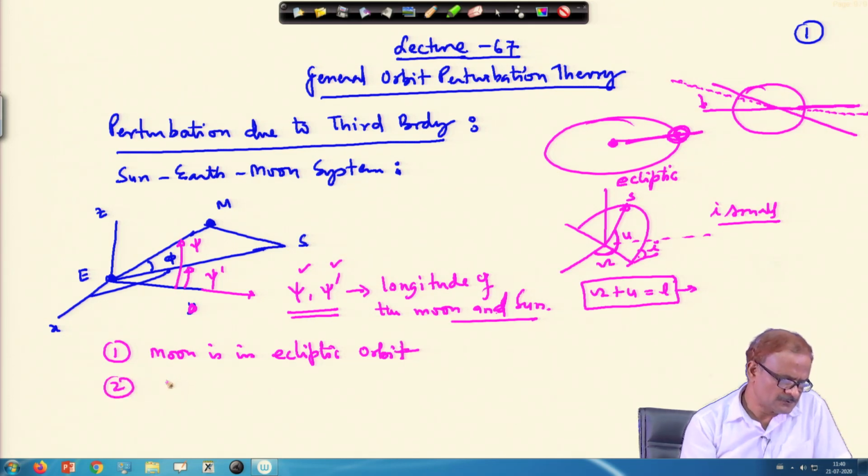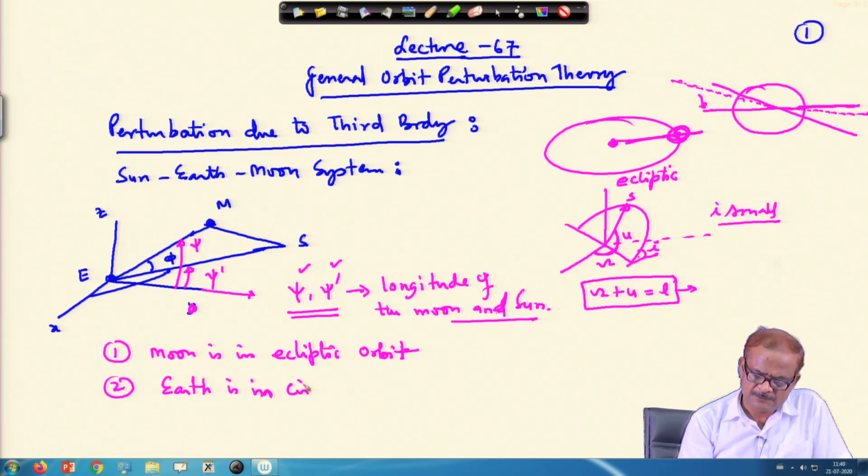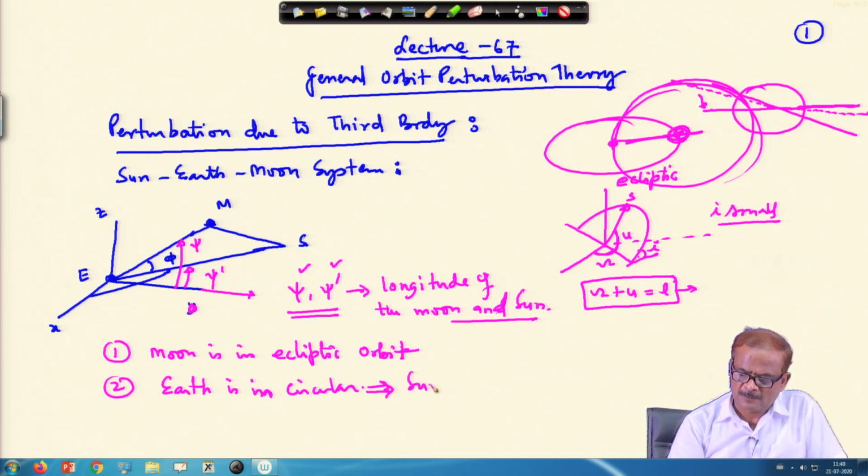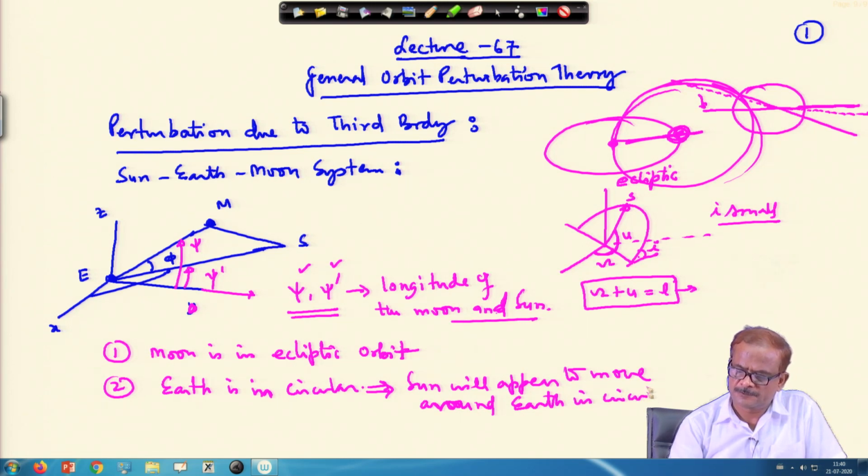and then we also assume the earth is in circular orbit. This implies that if looked from the earth, the sun will appear to move around the earth in a circular orbit.